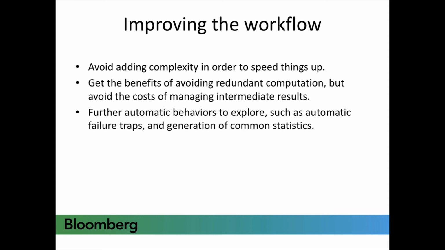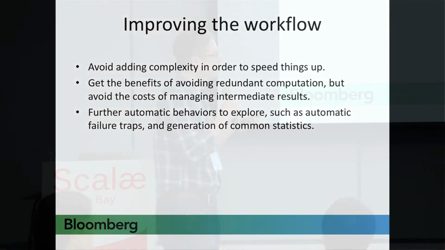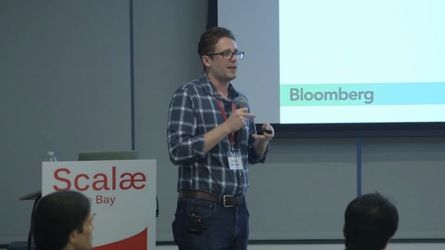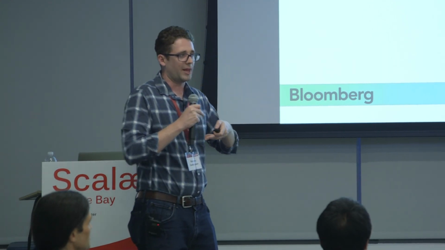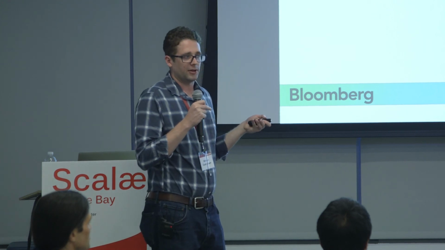So we would like to save on really expensive redundant computation, but we would also like to avoid writing complicated code. If we can write things in a concise manner and have systems make them fast for us, that's good.